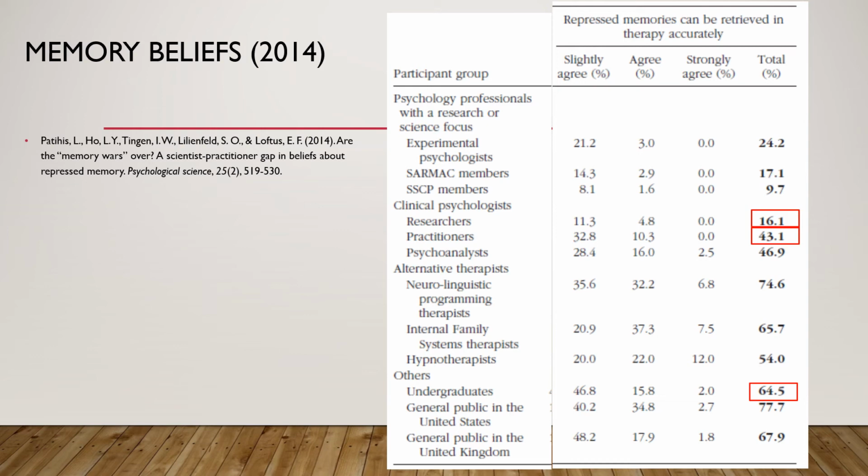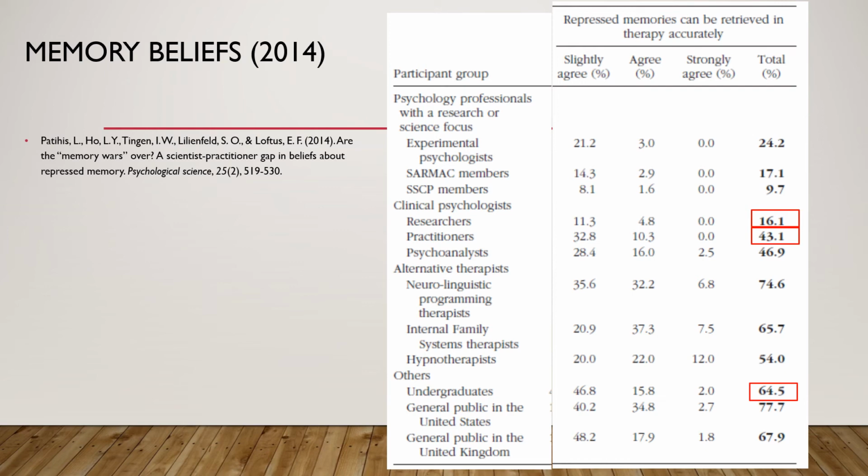And then you ask the question: are there some practitioners who believe in repressed memories that could supply that demand of repressed memory therapy? And the answer is yes. Not all of them. Not even 50% of regular practitioners. But if you notice the alternative therapists, the percentages are higher. So a larger majority of alternative therapists believe in the idea of repressed memories.